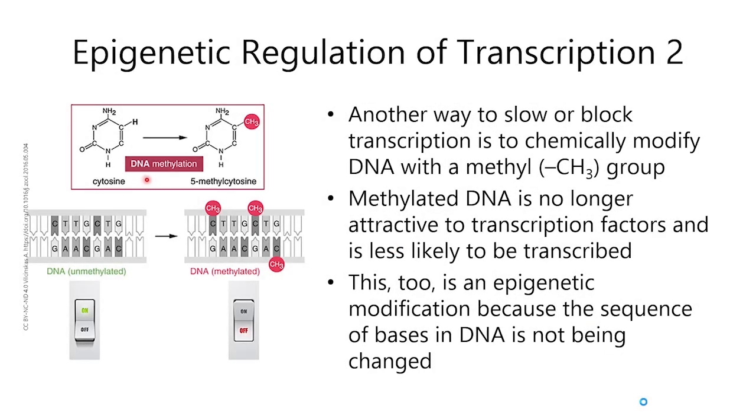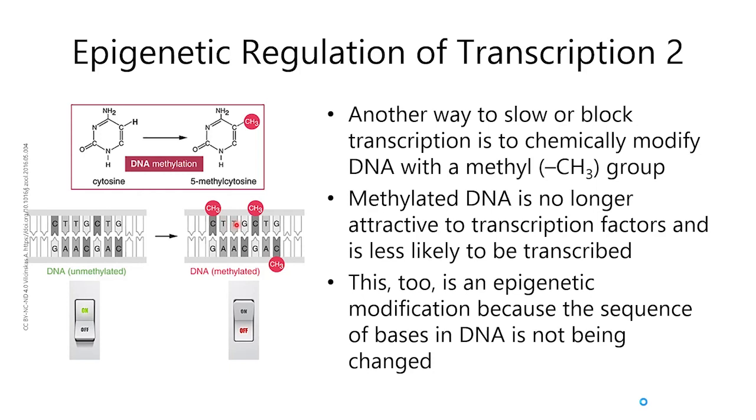Another way that we can modify DNA is by directly modifying DNA with a chemical grouping called a methyl group, CH3. And so when we add methyl groups onto cytosines, that doesn't interfere with the base pairing properties of cytosine, but it does interfere with the ability of RNA polymerase to form a transcript from this segment of DNA.